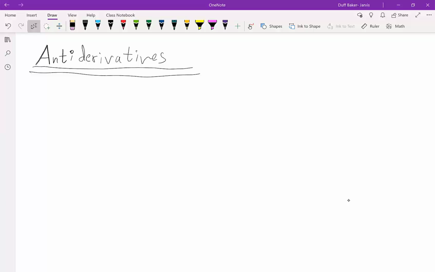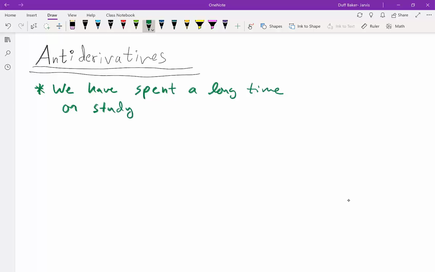Alrighty, so section 3.9 is sort of a beginning of the second segment of calculus. So up till now, we have spent a long time, basically everything since the beginning of the class, really what we were trying to do is we were studying this concept of the derivative and some applications of it, right?